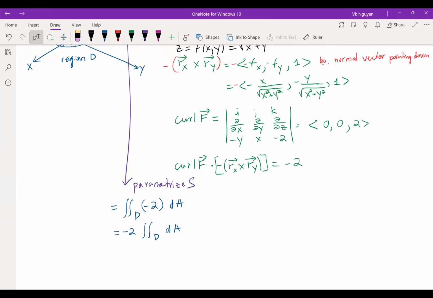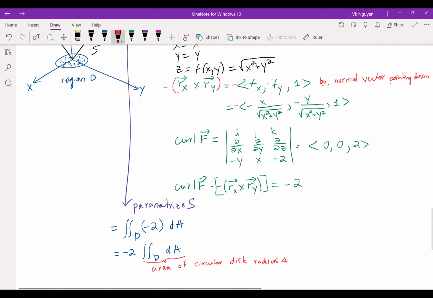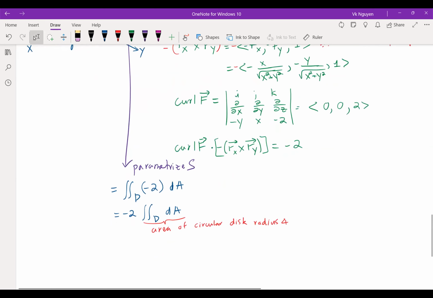You don't have to do anything here, because you can just make an argument like this one: this is the area of a circular disc of radius 4.